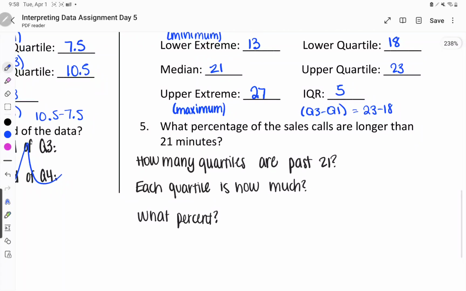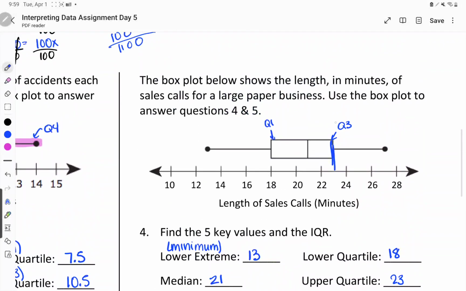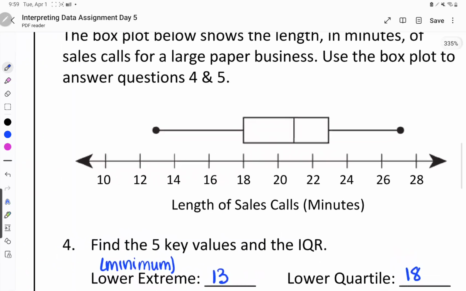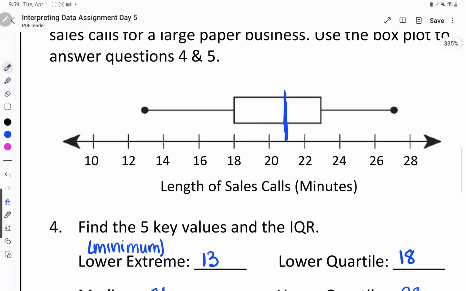This one says, what percentage of the sale calls are longer than 21 minutes? So I need to go up here and I need to look at 21. Well, located right here at 21 is the median. And remember, this right here is what percent? 25%.